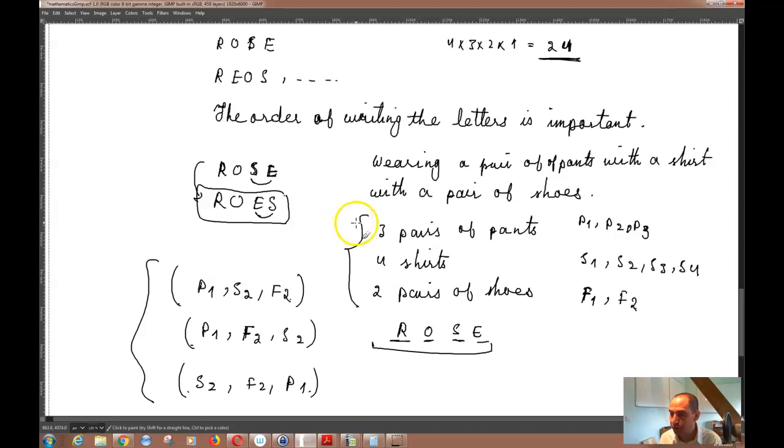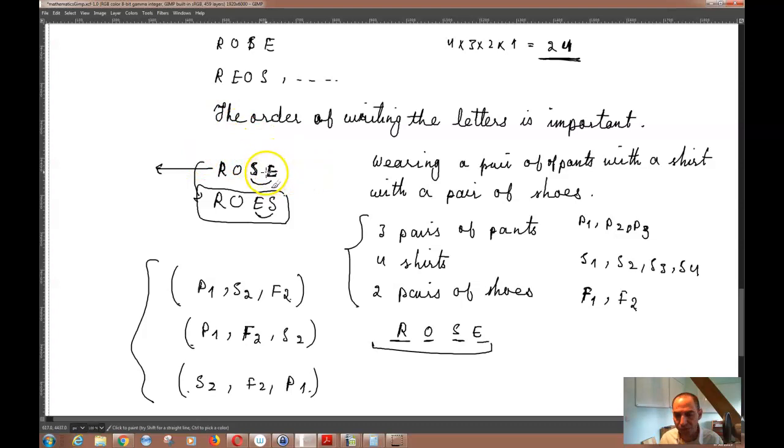So in this example, where the order of writing the letters is important, if you write the same letters differently, the outcomes, or words, are treated as different words. Then each such arrangement is called a permutation of 4 different letters taken all at a time, right?